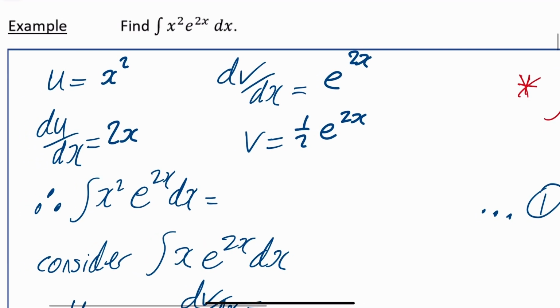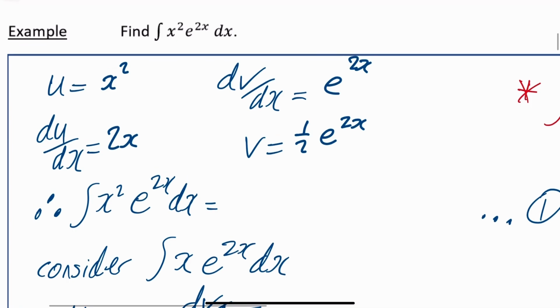So fire that in, therefore your integral of x squared e to the 2x, uv, first of all, is going to be a half times x squared, I'm just going to write that as x squared over 2, and then times e to the 2x, that's my uv.